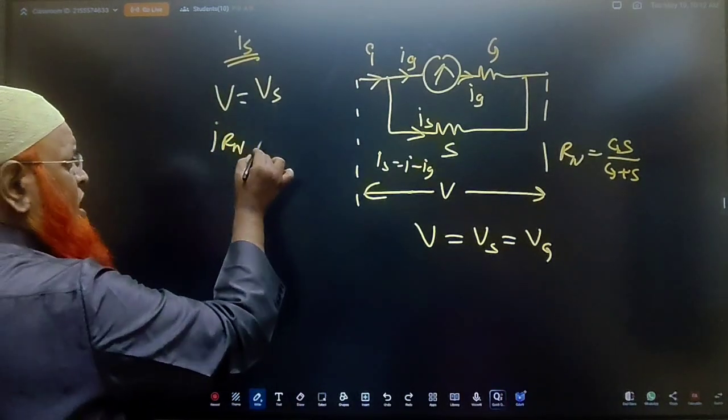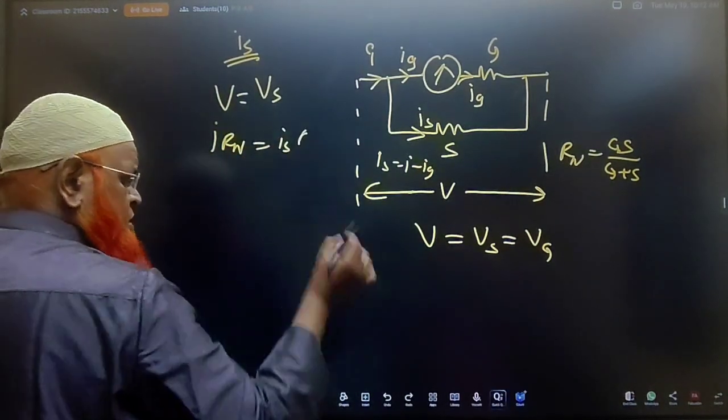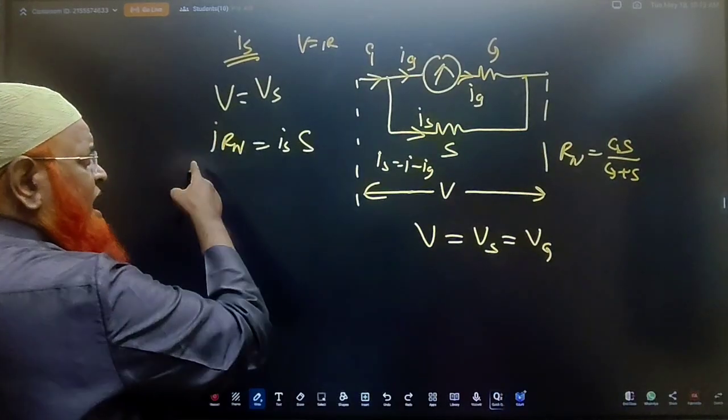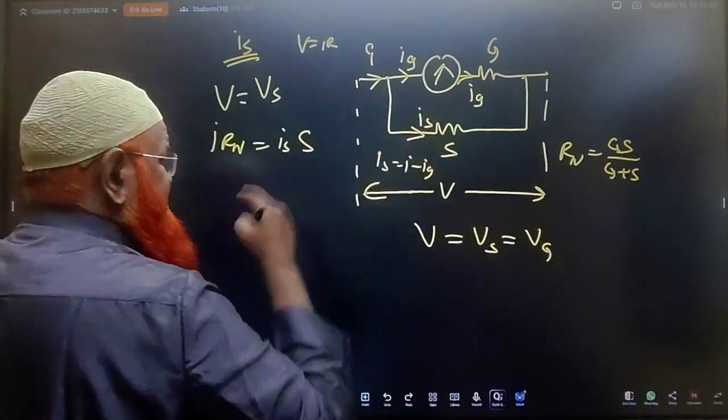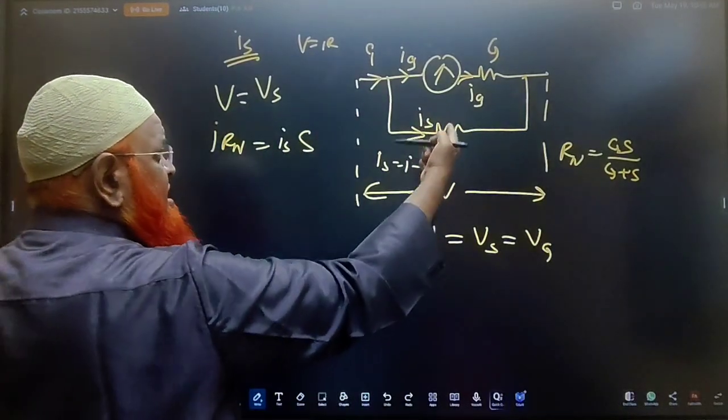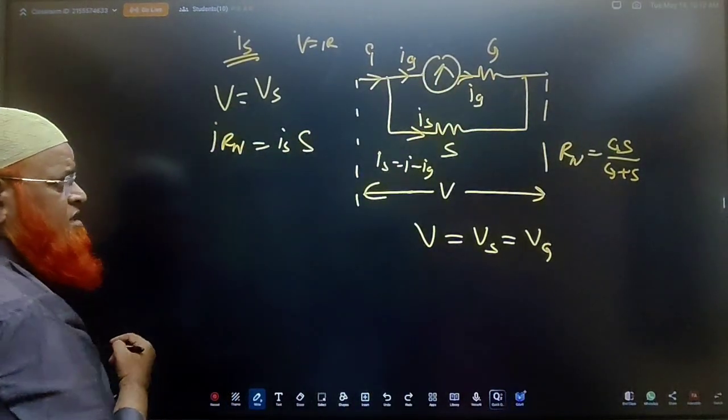Okay, so I into R net is nothing but Is into S, which is V is equal to IR, the general formula. I into R net, Is into shunt resistance. This is also resistance, that is also resistance. In the place of R here it is G. That's it, isn't it?